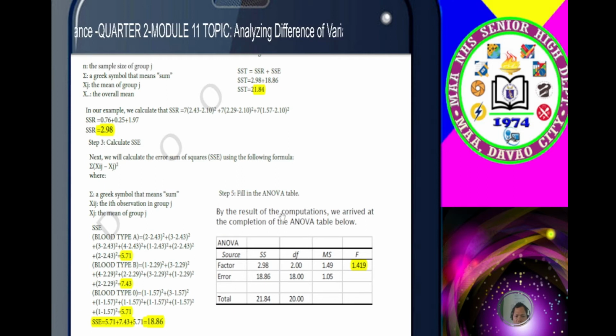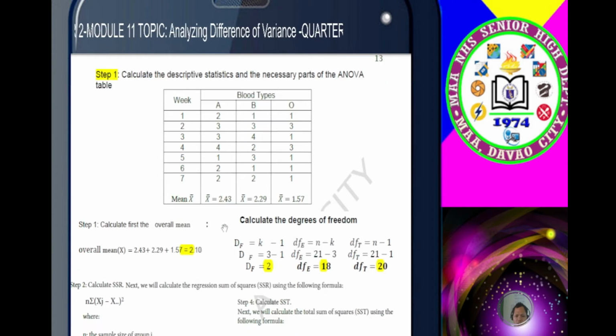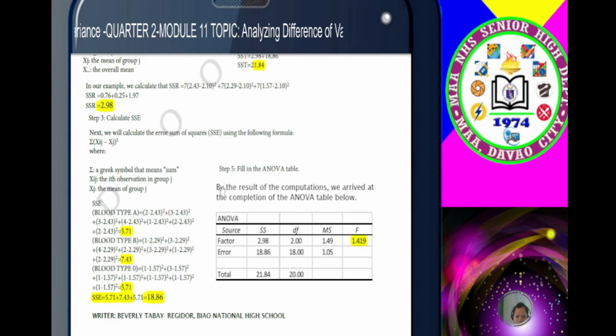For example, in blood type A, our mean is 2.43, so we subtract each element by this mean: 2 minus 2.43, up until you reach the 7th element, which is 2. This is the computation: 2 minus 2.43 squared plus 3 minus 2.43 squared and so on. The total will be 5.71.